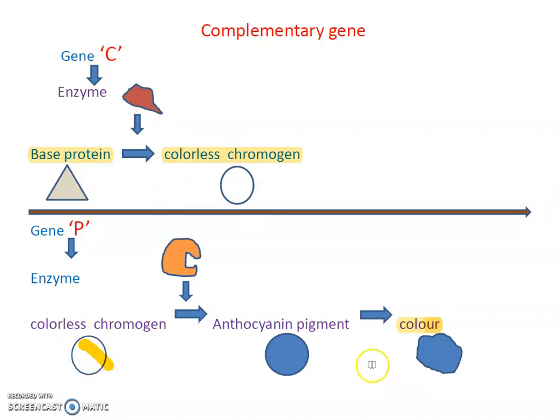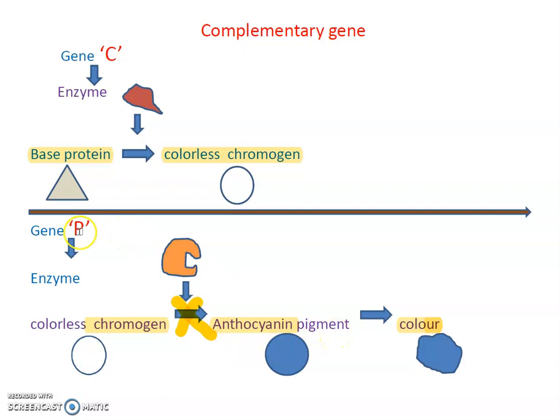Suppose gene P does not function properly, because it is recessive. Then gene P cannot produce the enzyme, and if the enzyme is absent, colorless chromogen cannot be converted into anthocyanin pigment.